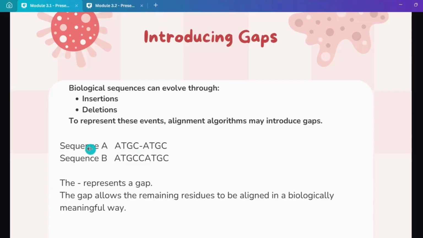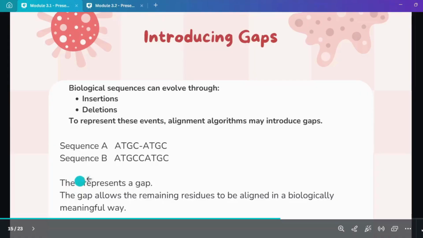See here, sequence A contains ATGC dash ATGC, and sequence B contains ATGC C ATGC. This dash represents a gap, and this gap allows the remaining residues to be aligned in a biologically meaningful way.